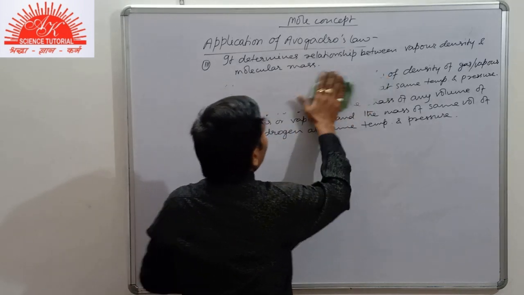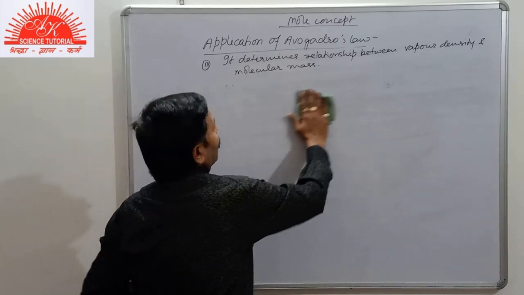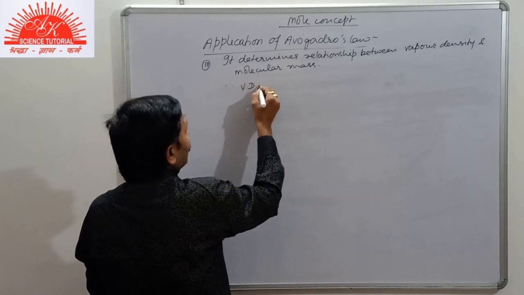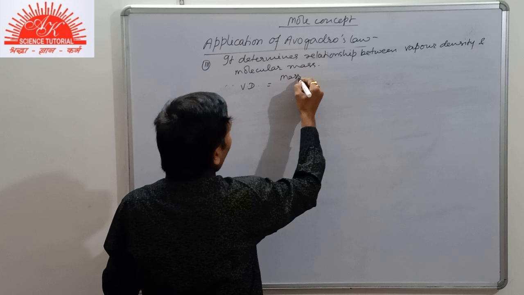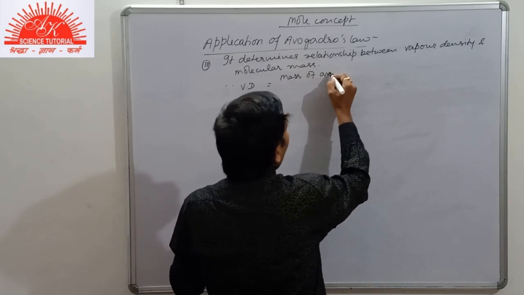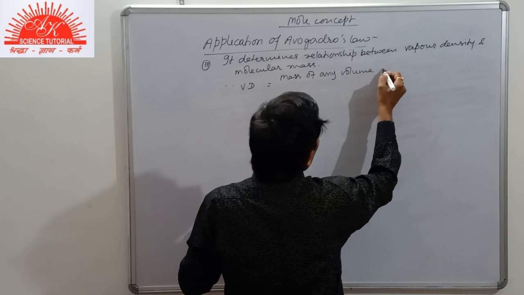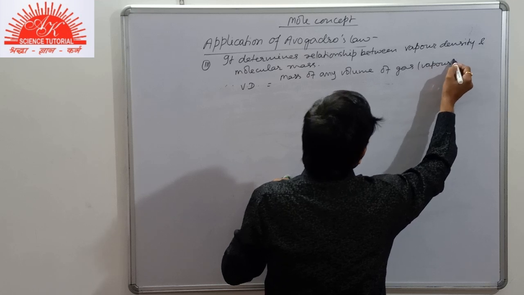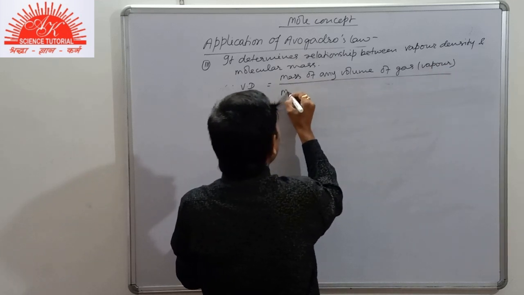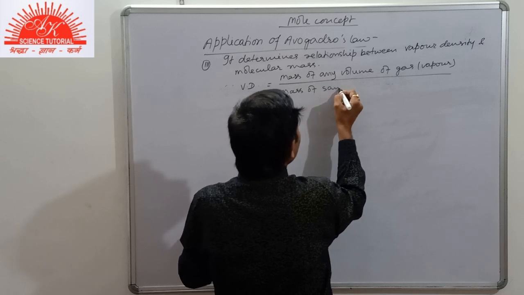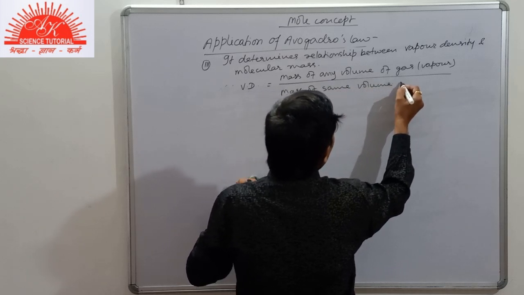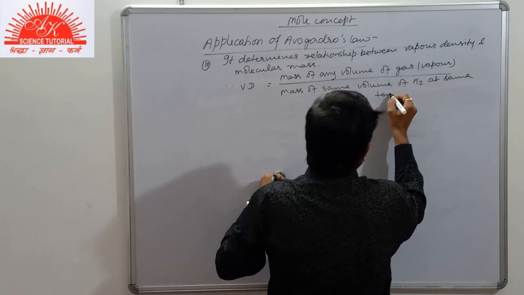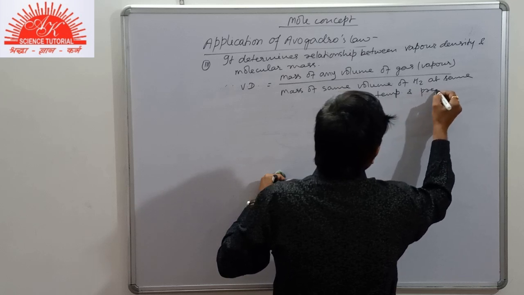According to the definition, vapor density is equal to the mass of any volume of gas or vapor to the mass of the same volume of hydrogen at the same temperature and pressure.